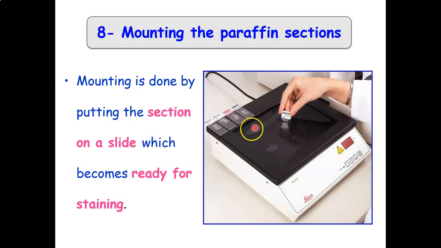This will allow the thin sections to float and to remove the folding of the sections. Mounting is done by putting the section on a slide, which becomes ready for staining. You see here, I mount the section on the slide.